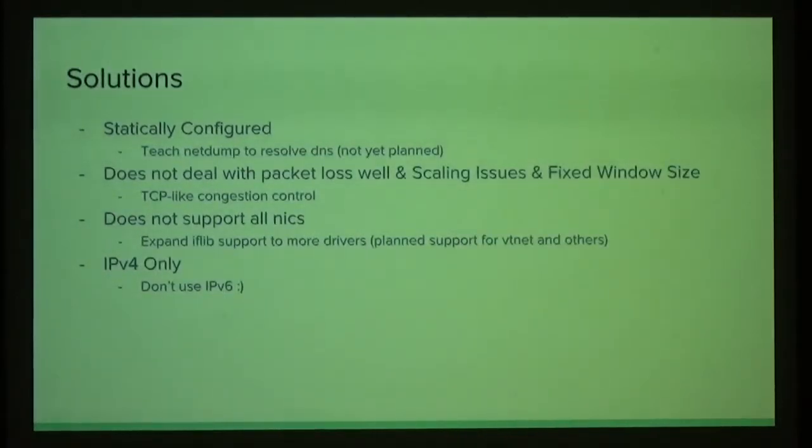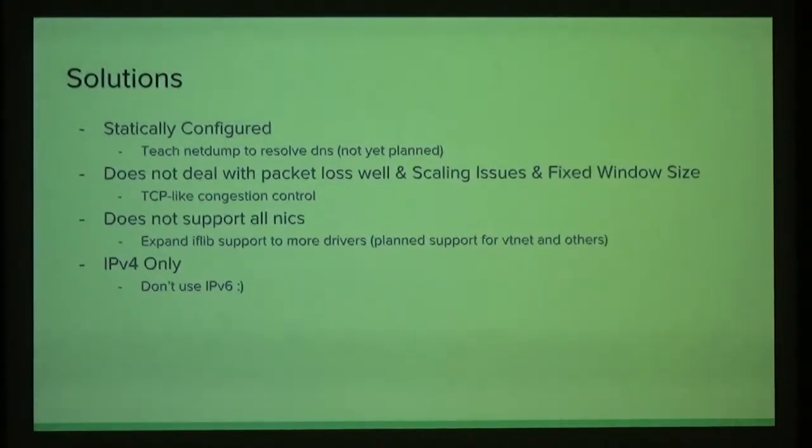There are some solutions. We can teach netdump to resolve DNS. I haven't planned to do this yet, but that'd be pretty nice. And then for the packet loss and scaling issues in the fixed window size, we can implement TCP-like congestion control on top of UDP, and that'll fix some of that. That's the main part of my project, besides the port to IFLIB.